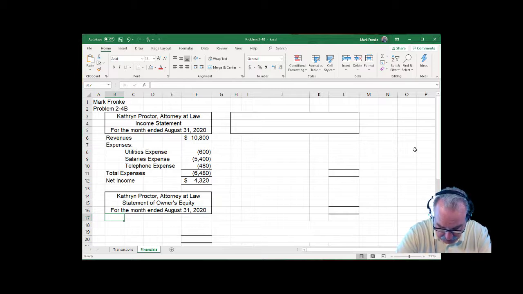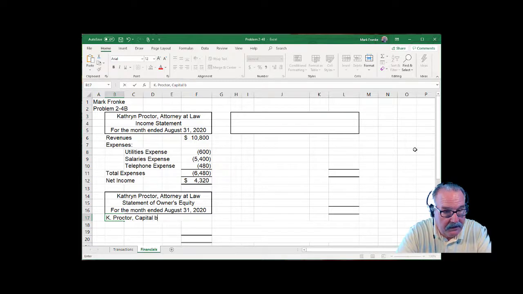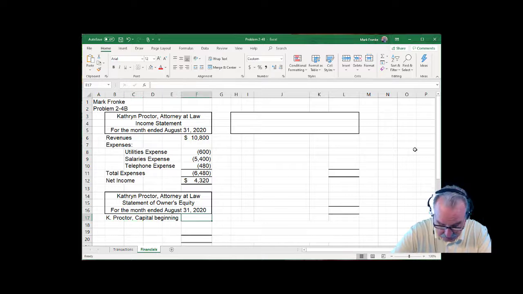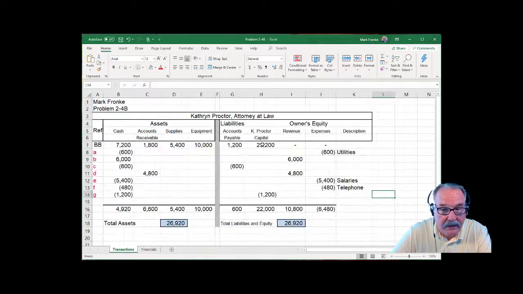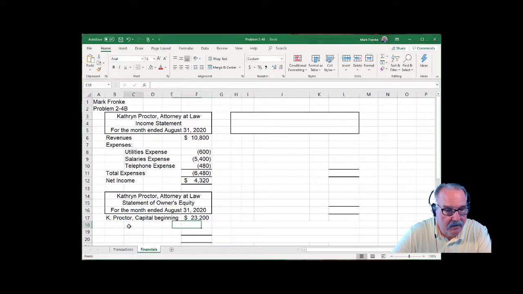So if we start with K. Proctor, capital, beginning, and that was $23,200. And where that comes from is right here at the top of the capital column on our transactions. That was the beginning balance in the capital account.